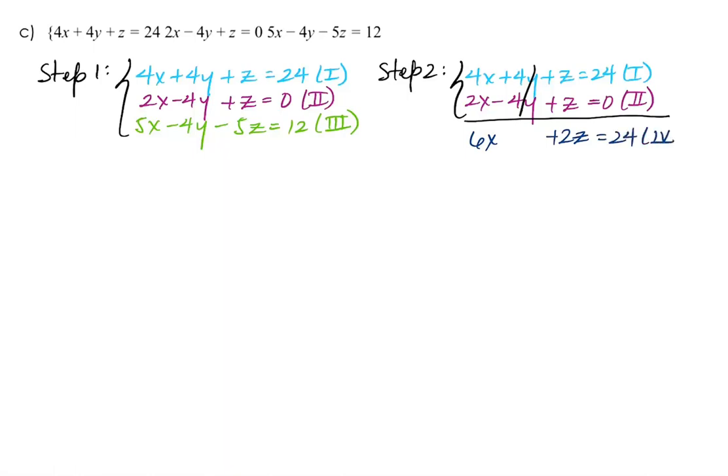That will be equation number 4. This equation we can simplify by dividing by 2, and we'll get 3x plus z equals 12.